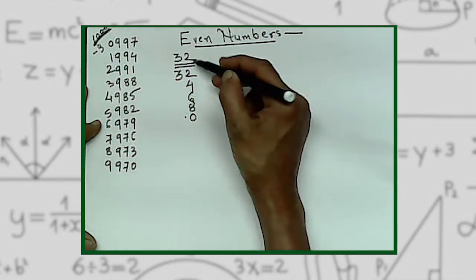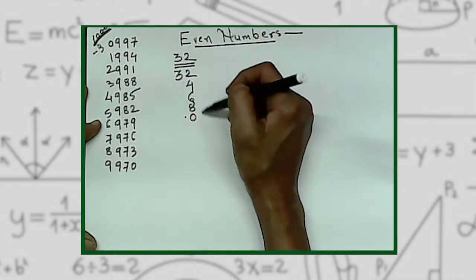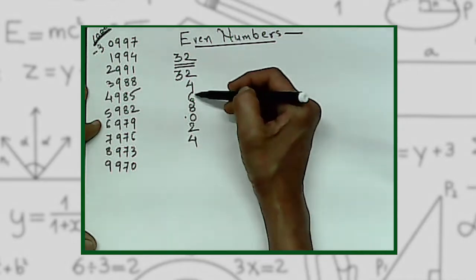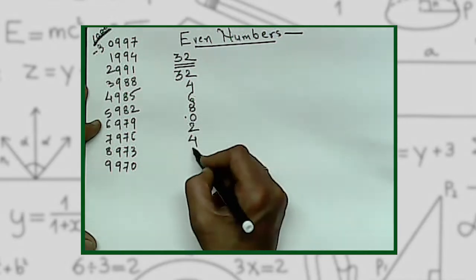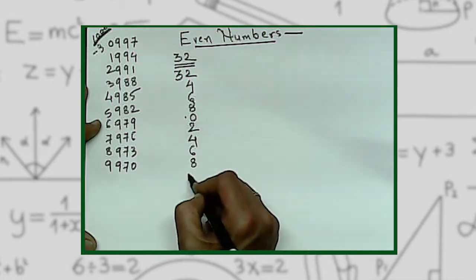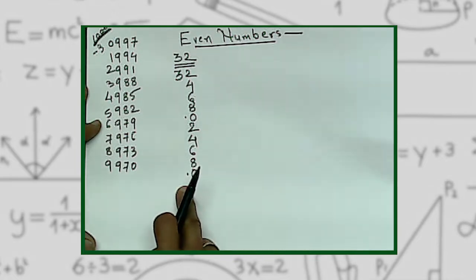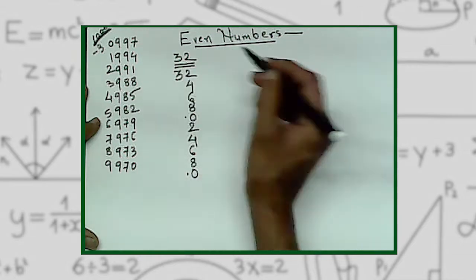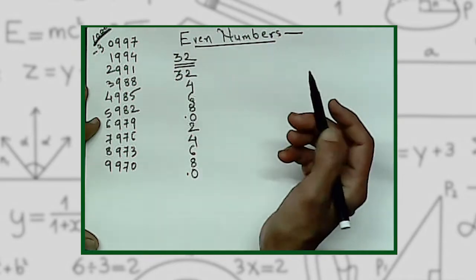Again, as it is even number, we can repeat this series again. So 2, 4, 2, 4, 6, 8.0. Remember, we will have to repeat the series with point. Don't forget to repeat point. Now left hand side, again same method.